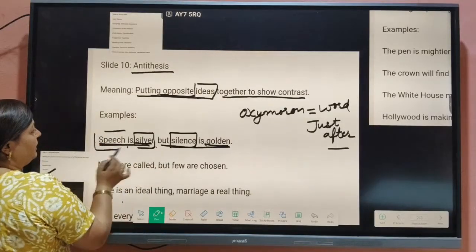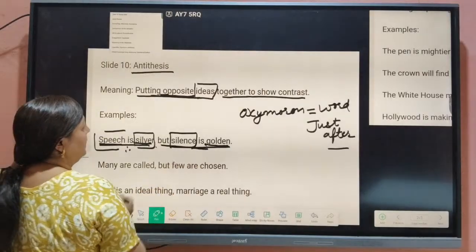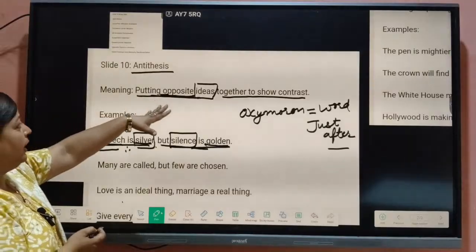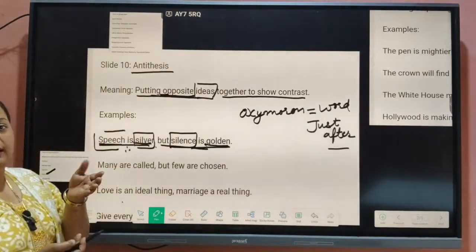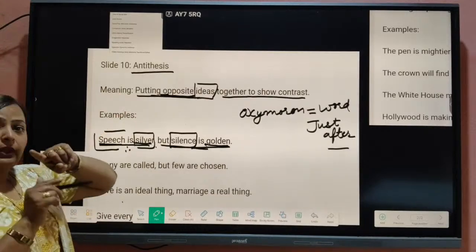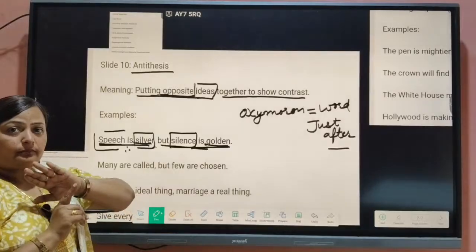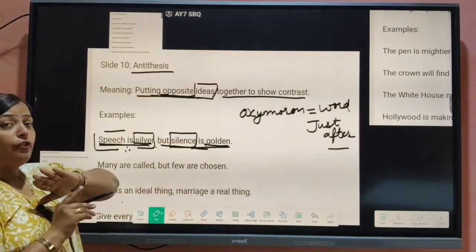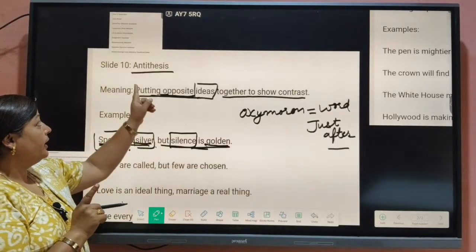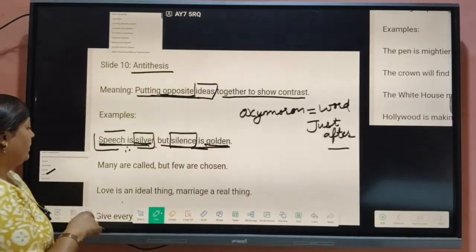In the first part, his idea is the opposite of the other. What is the difference between antithesis and oxymoron? In oxymoron also we have opposite words, but in antithesis we will have opposite ideas.